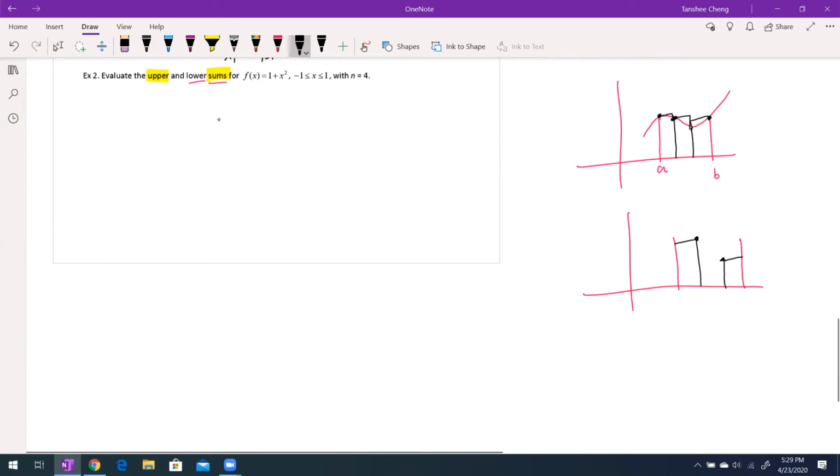But for the last one, I will be using the left endpoint. Notice that this point is used for these two rectangles, and all my rectangles are under the curve. So this is called the lower sum approximation.